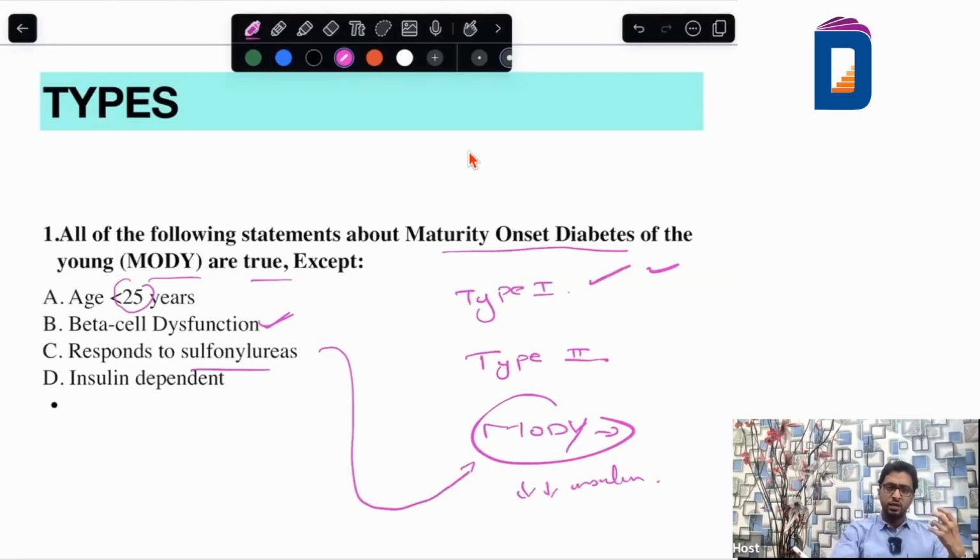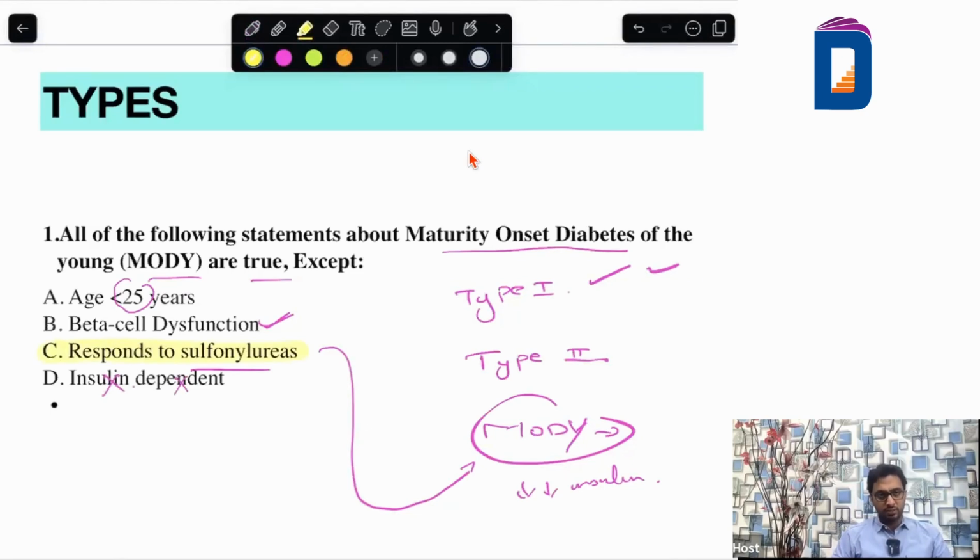One of the mechanisms by which sulfonylureas act is increasing insulin production from the beta cells, because they are not functioning properly. Can it cause insulin dependence? No, it is still non-insulin dependent. Please understand. It is dysfunctioning, but still you can treat it with sulfonylureas. It is not destruction. The beta cells are still there.